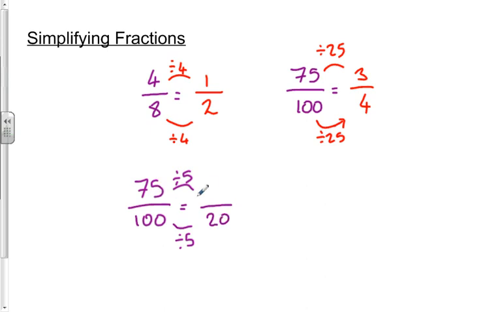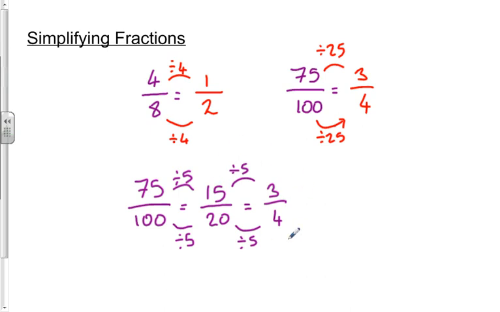And 75 divided by 5 is 15. And now those are numbers again that we can see are both in the 5 times table. So once again, if we divide by 5 on the top and on the bottom, we'll get to 3/4.